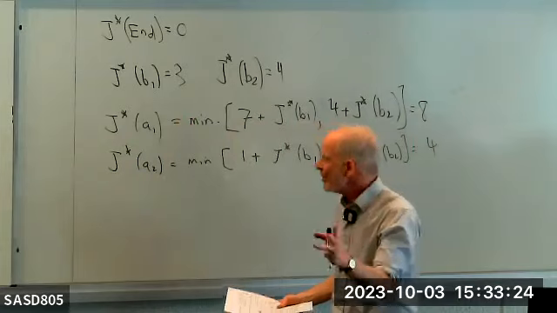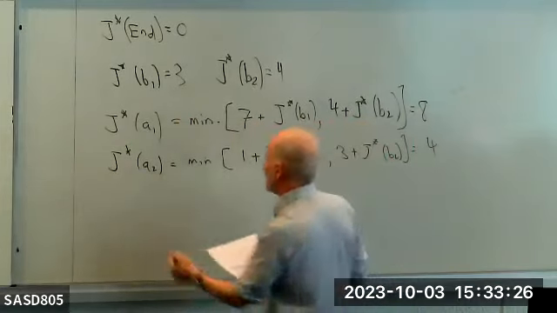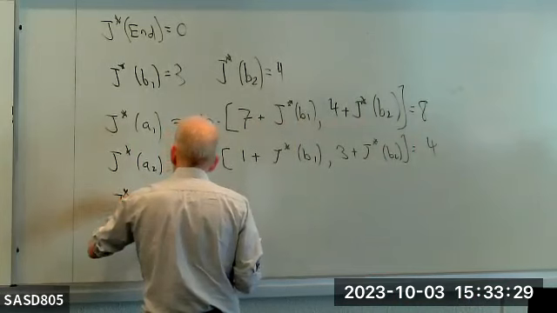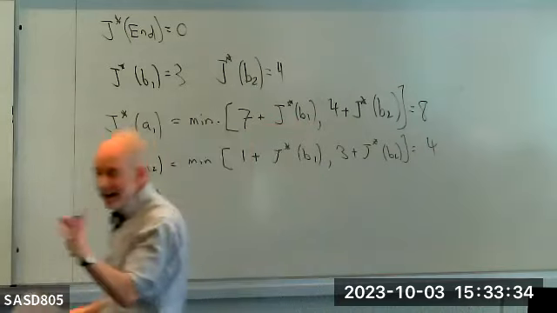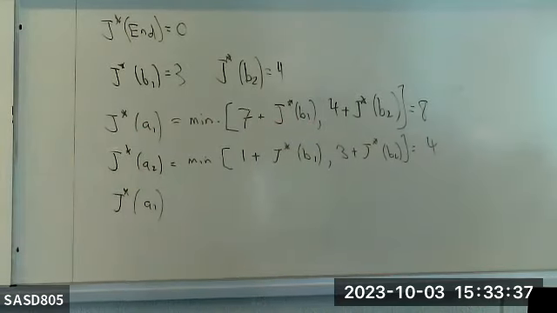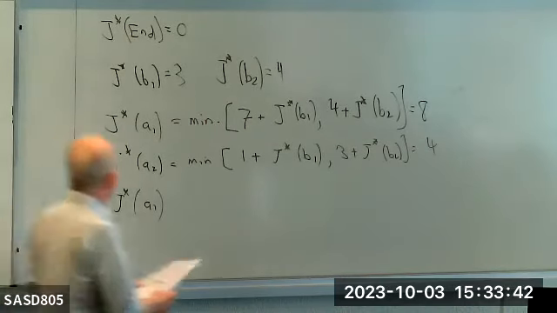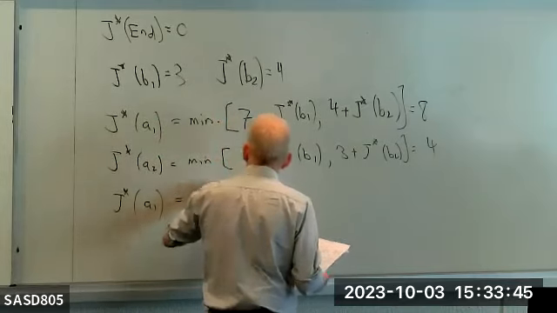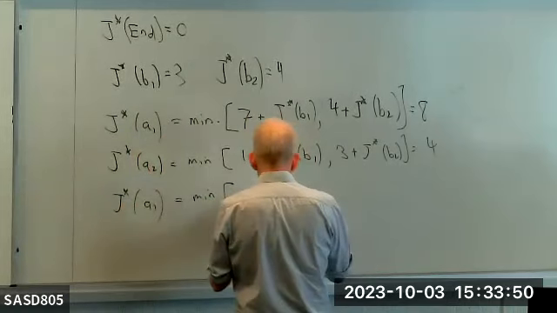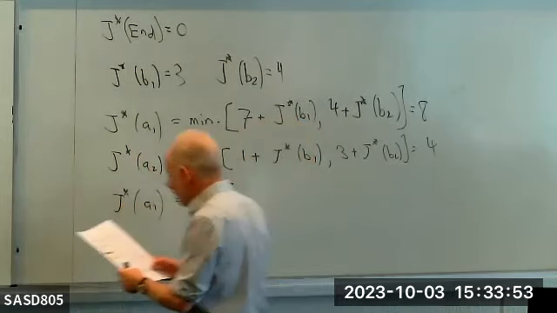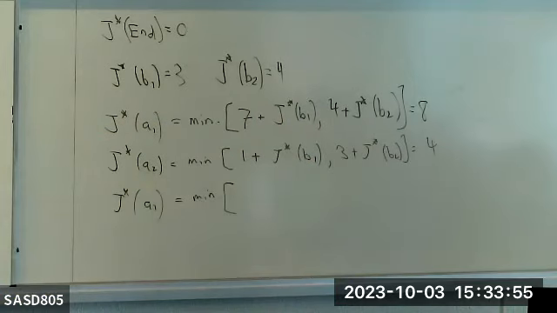So now here's maybe the non-intuitive part. My claim, and we'll try to justify it in a moment, is that I can do exactly the same structure to find the best cost from the start. I claim it's the minimum of two possibilities.